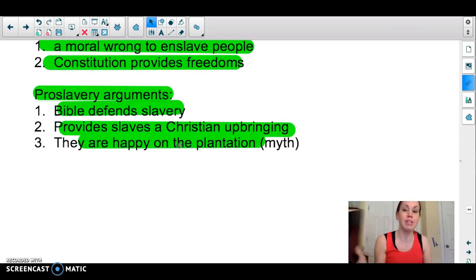They're going to quote Exodus, talking about slaves should obey their masters. And they're also going to claim they provide a Christian upbringing to their slaves, which is really a lot of nonsense. But anyway, they're going to say that. They're also going to say slaves are happy on the plantation, which is another ridiculous myth, because most slaves were miserable on plantations and just wanted their freedom.